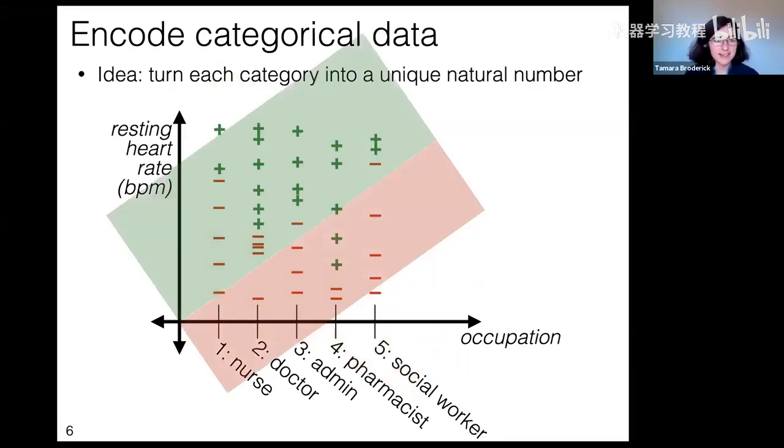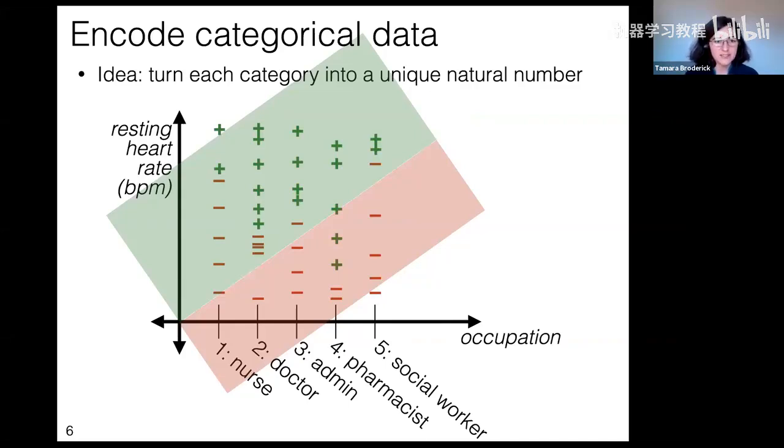But it's monotonic: it's either all increasing across these numbers or all decreasing. Going in, I just don't think there's really an ordering on nurse, doctor, admin, pharmacist, social worker. I don't think that has some particular linear relationship that I want to codify. And I'm forcing them to have that by making this codification into the natural numbers.